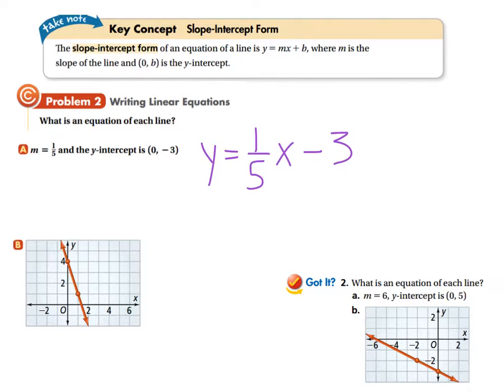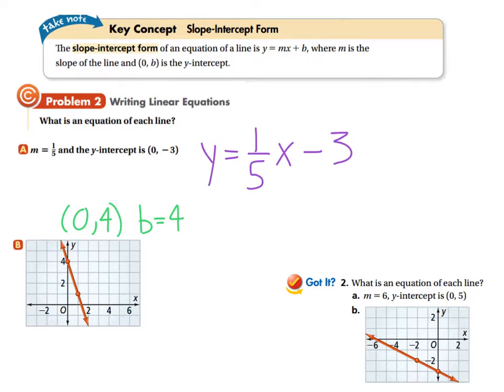For the second example here, they just give us a graph. They do a nice job of marking a couple points so we know exactly where those are. It looks like one of those points is at (0, 4), so that tells me that my y-intercept, or b, is 4.